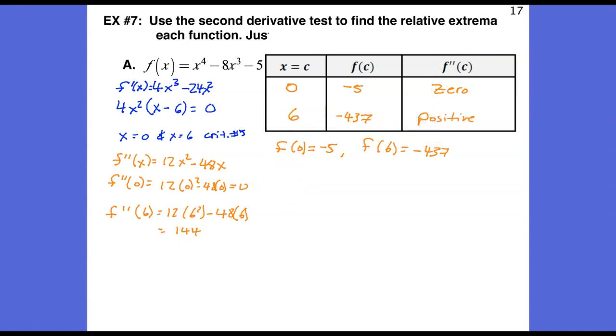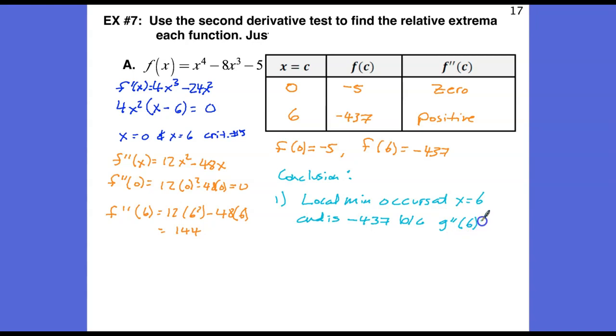So our conclusion is that a local minimum occurs at x equals 6 and is -437 because f double prime of 6 is greater than 0. So f is concave up.